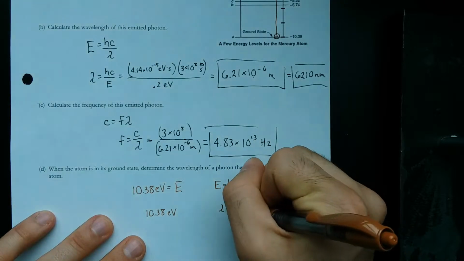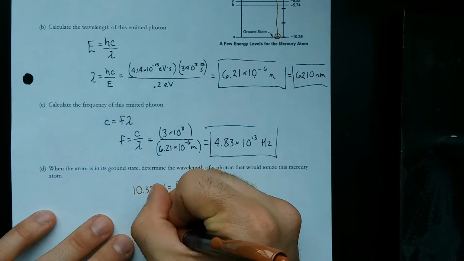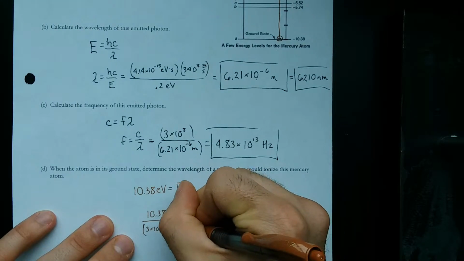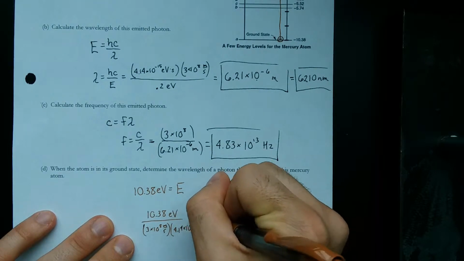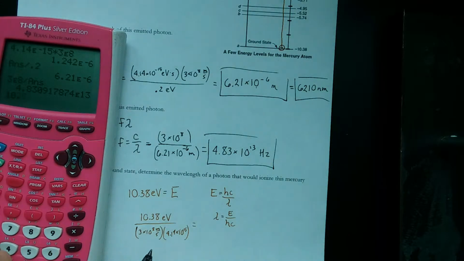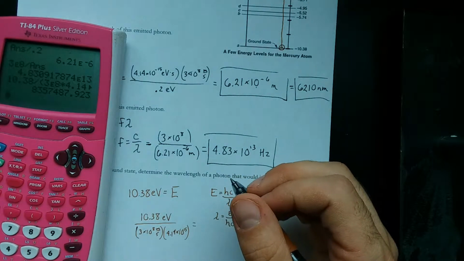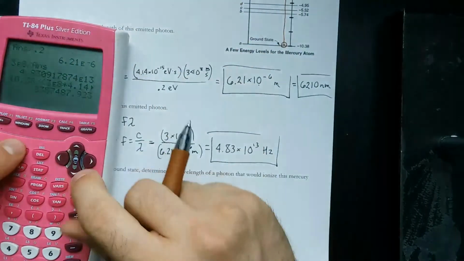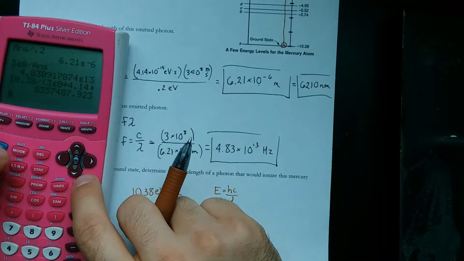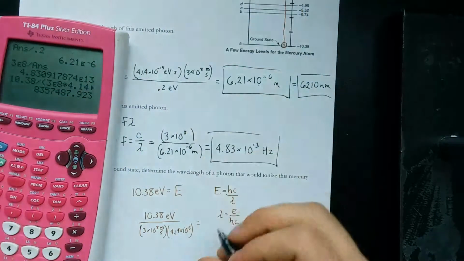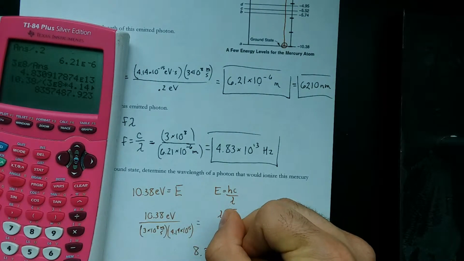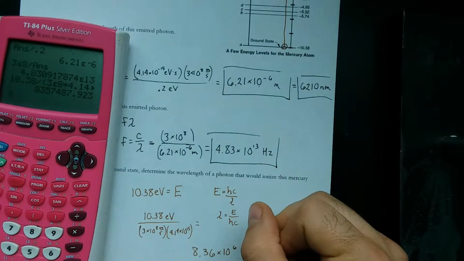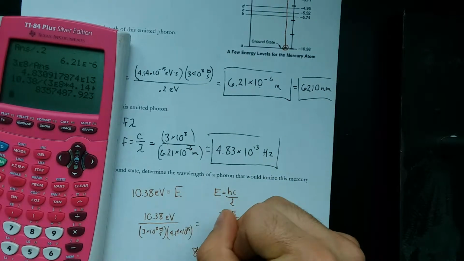Lambda equals E over hc, divided by 3 times 10 to the 8th meters per second times 4.14 times 10 to the negative 15th, equals 8.36 times 10 to the 6th. Oh, negative 15th. That doesn't make any sense.